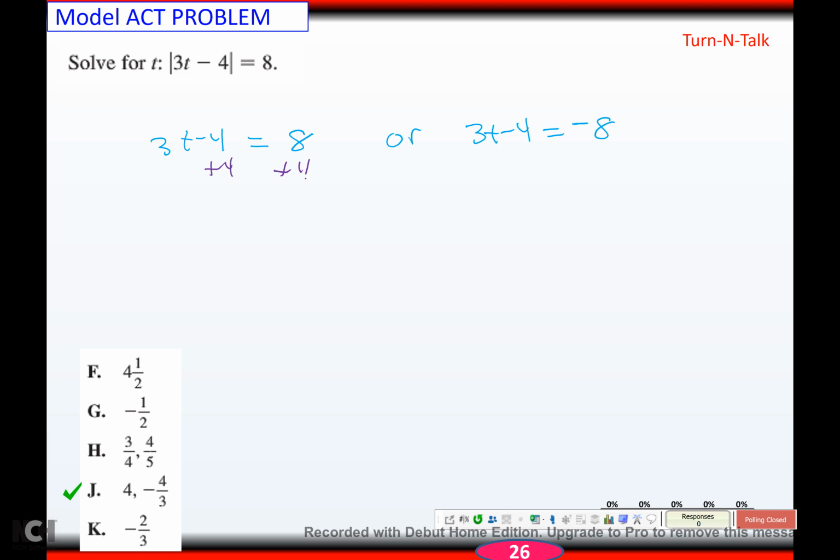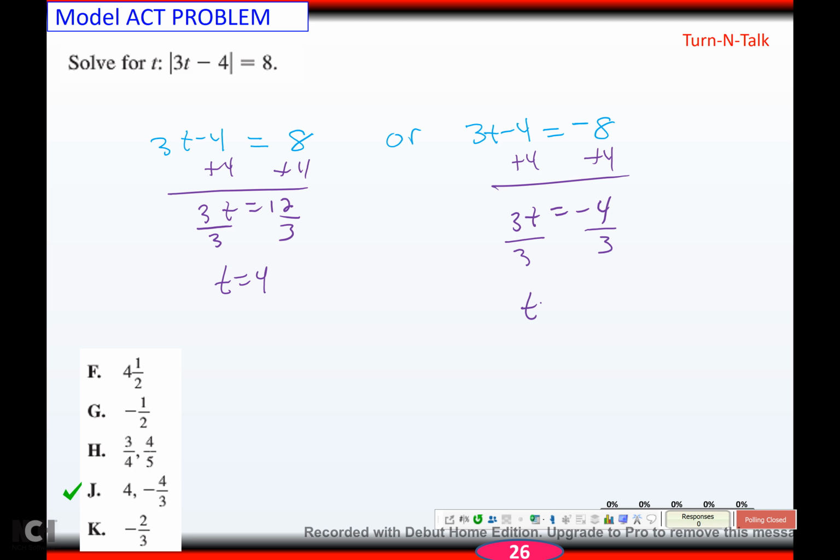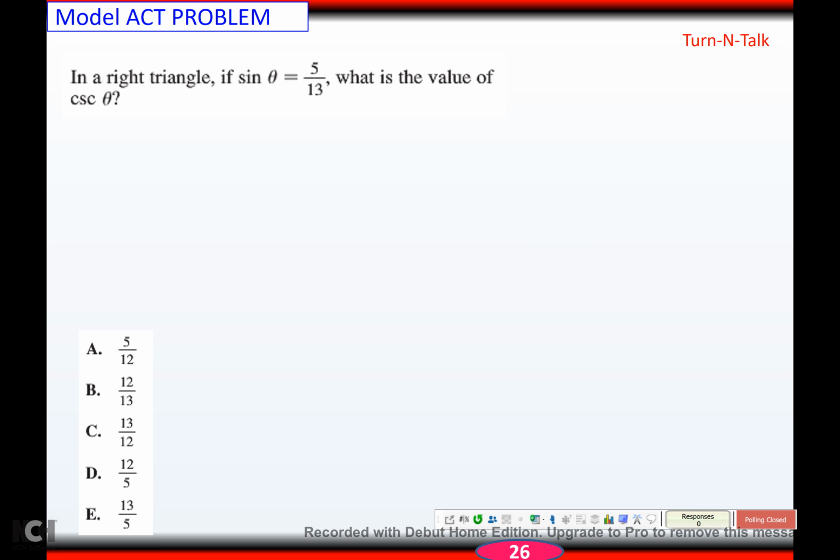So add 4, 3t equals 12, divide by 3, t equals 4. Add 4, 3t equals negative 4, divide by 3, t equals negative 4/3. Okay? Try this one, hit pause, come back when you're ready.